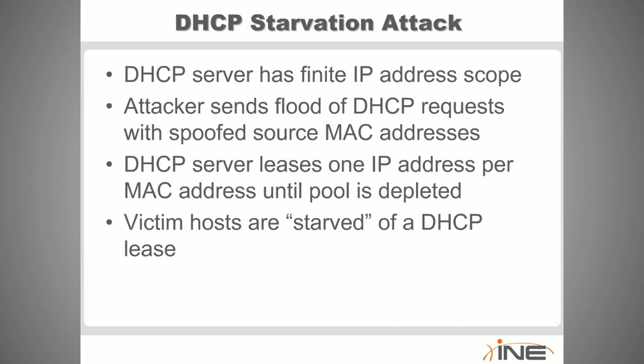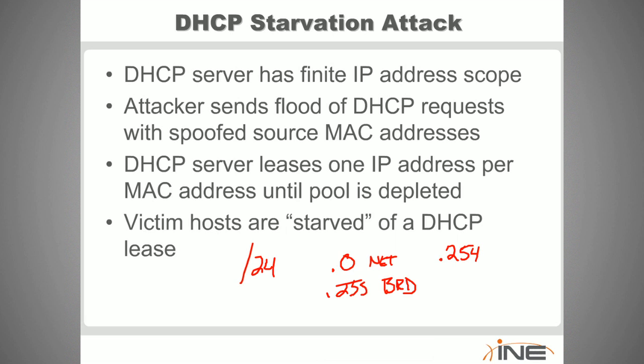And there's going to be some finite limit to the amount of addresses that are in the scope. So let's say, for example, that our network is a /24. Assuming that we have the 0 address for the network, we have the 255 address for the broadcast, then we're going to have some address on there for the default gateway. Let's say it's .254.